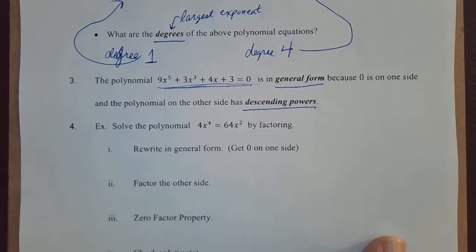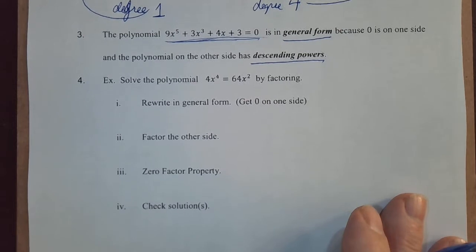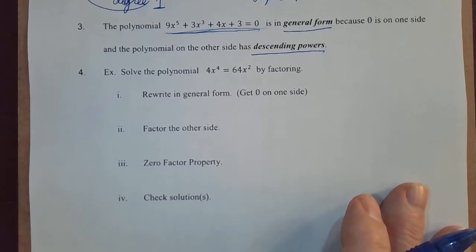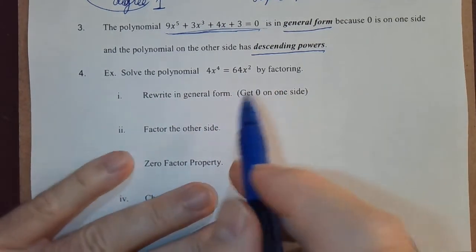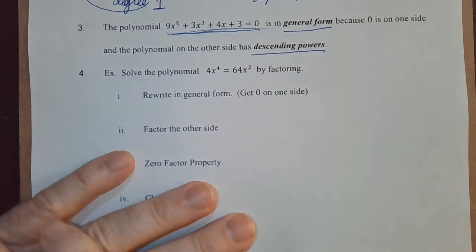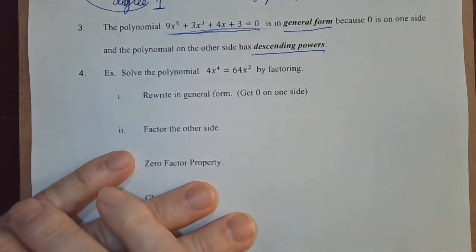All right, the last portion for this video is, how do you solve a polynomial equation? Well, here's basically the recipe, and I'm going to do a pretty simple example, very simple polynomial on the left and another simple one on the right.